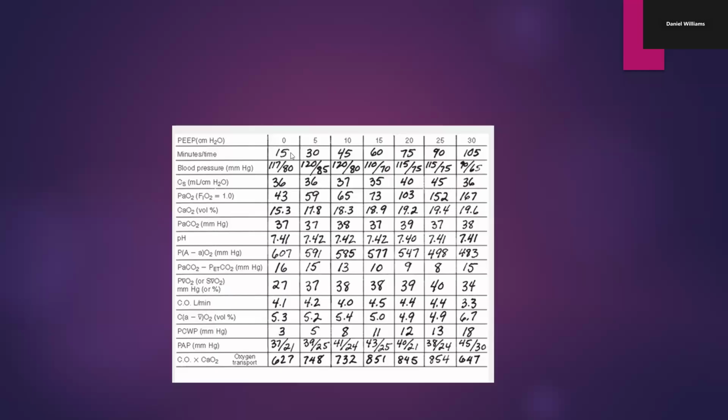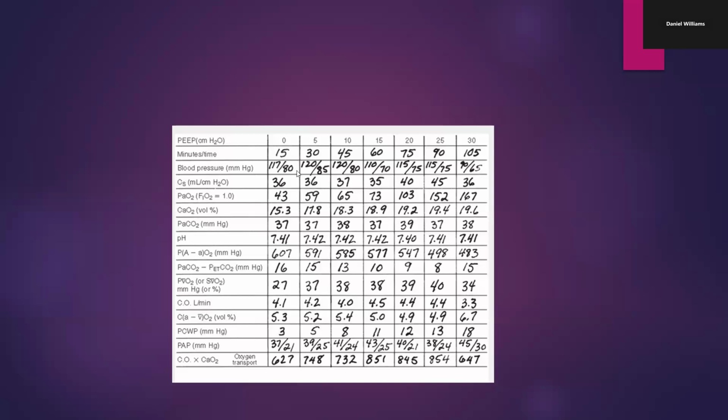So if you look at here, it looks like we're spending 15 minutes at each level of PEEP. So we go from a PEEP of 0 all the way up to a PEEP of 30 over the course of about 105 minutes. So if we begin to look at our blood pressure, normal blood pressure is anywhere around 120 over 80.